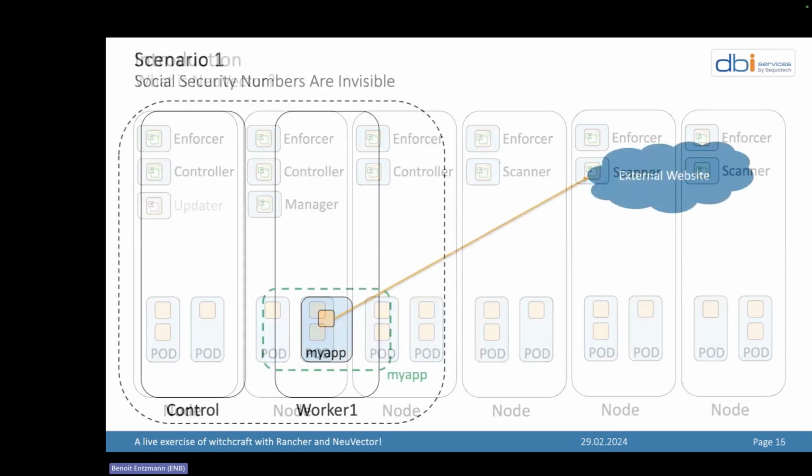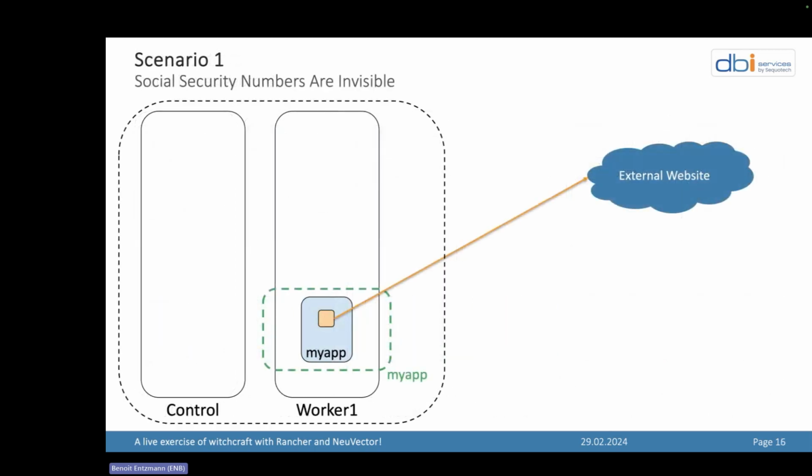So let's jump to 2 use cases. We are going to see 2 scenarios today. So NeuVector can do a lot of things. We just focus on the application part when you have some application, some workload that are already deployed into your Kubernetes cluster.